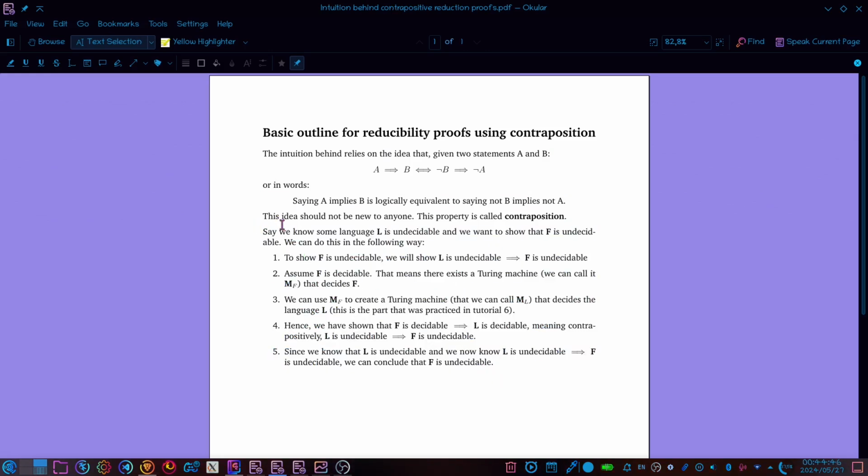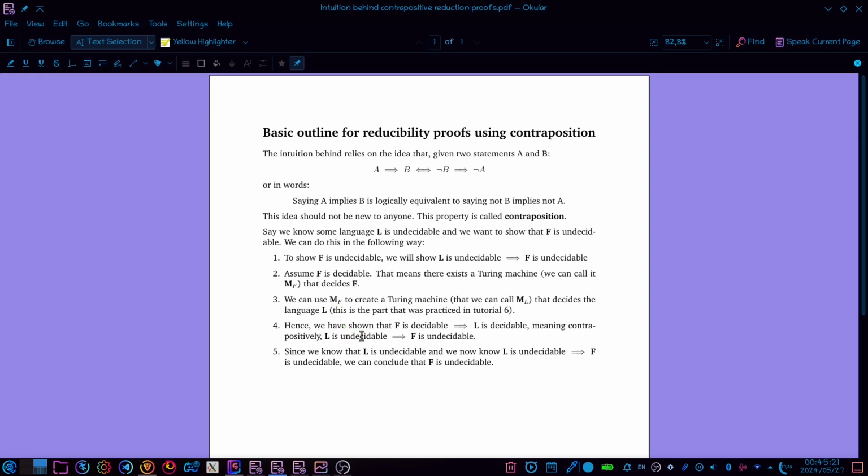Okay, so we know some language L is undecidable. We want to show that F is undecidable. In our proof, to show F is undecidable, we're going to show that this relationship holds. So we're going to assume F is decidable. That means there's a Turing machine that decides F. We're going to use that Turing machine to create a decider for L, and that's just the thing from the tutorial.